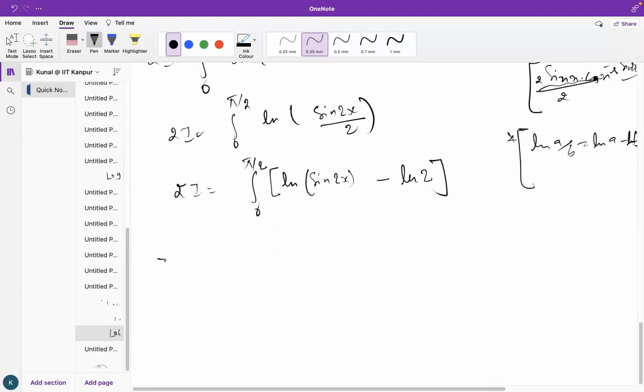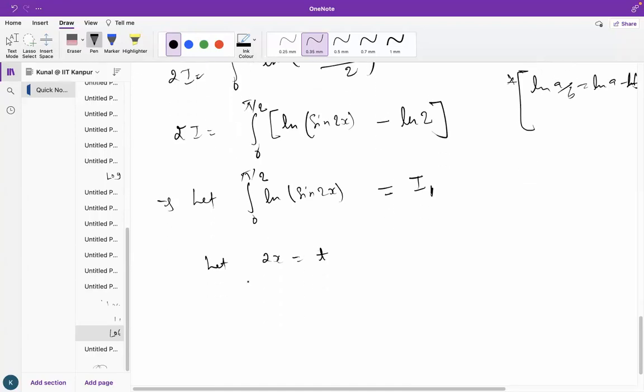What I'm trying to do here, the integral from 0 to pi by 2 of ln sin 2x, this is our another type of integration. So let it be I1, and let 2x be equal to t. Just take 2x is equal to t.